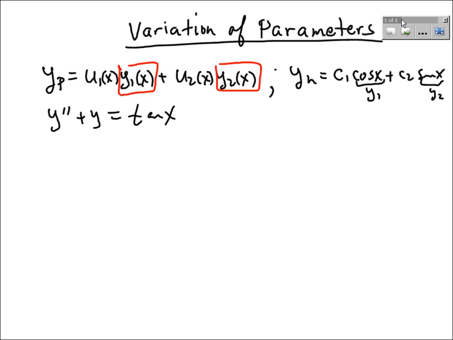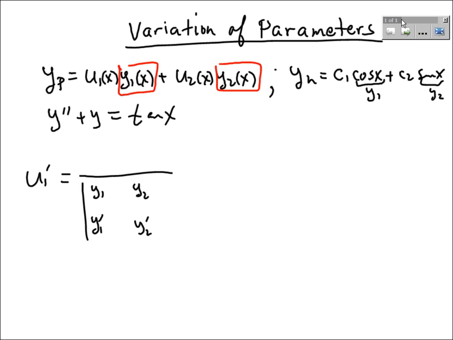Now, u1 prime is always going to be the division of two determinants. The bottom determinant is always going to be y1 and then y1 prime and y2 and y2 prime.